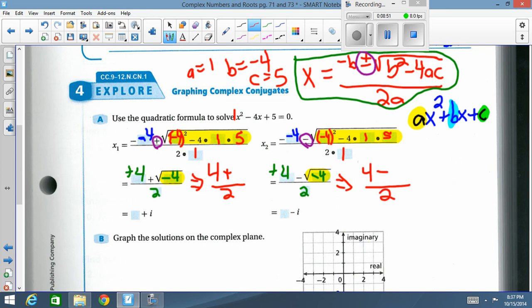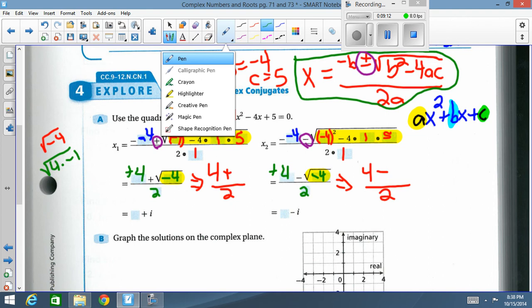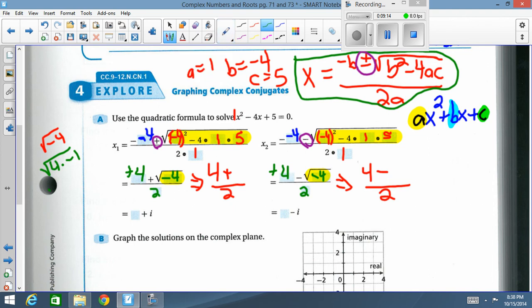But the question becomes, what is the square root of -4? Well, whenever you have that negative, remember, you can take that and write that as a product of 2 different numbers. You can write it as 4 times -1. Once you do that, now you can split it up and write it as the square root of 4 times the square root of -1.